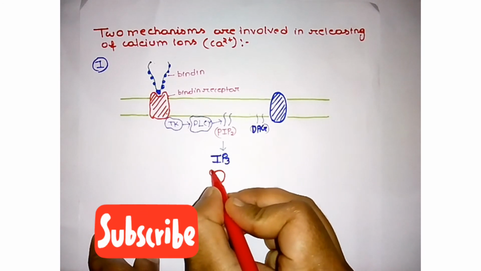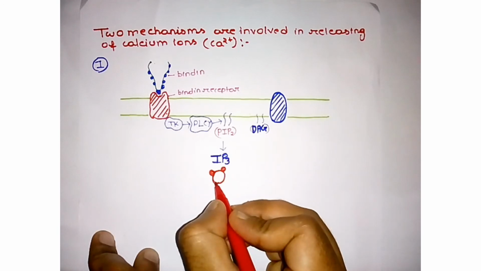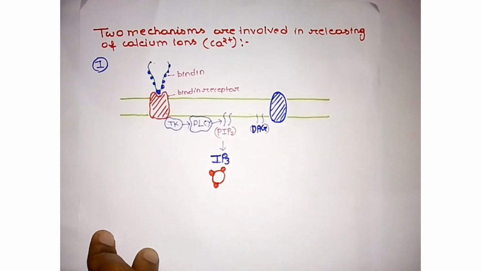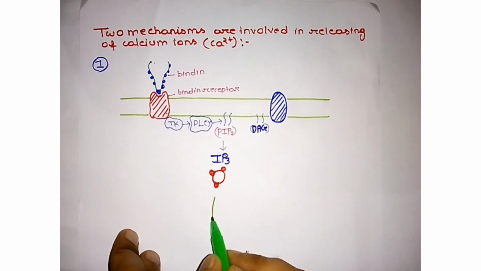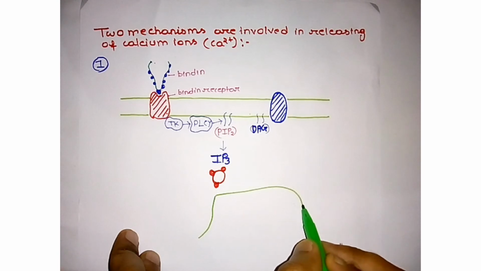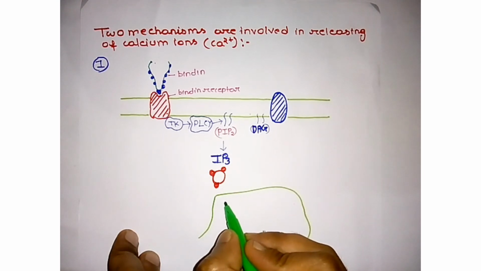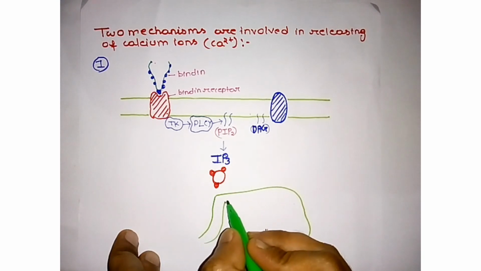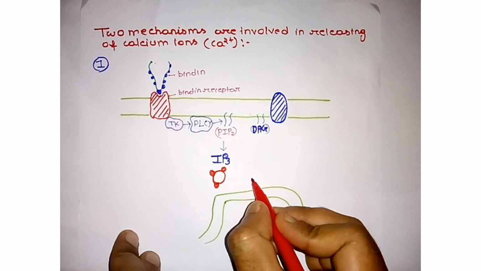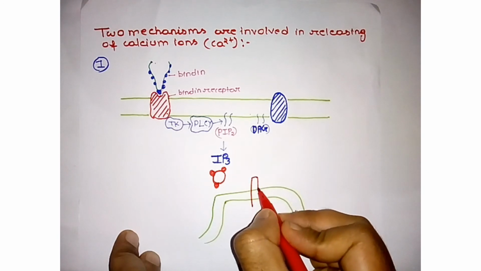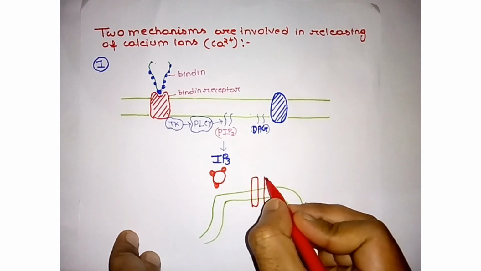Now there is a region, that is the endoplasmic reticulum. Suppose this is the endoplasmic reticulum. It contains a calcium channel. Suppose this is the calcium channel.